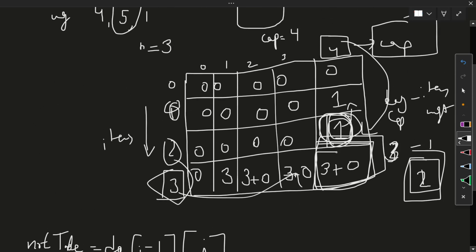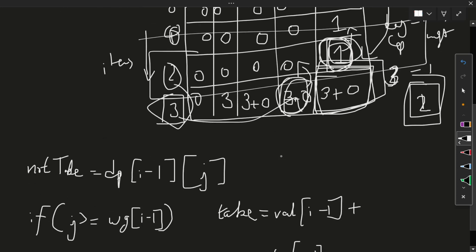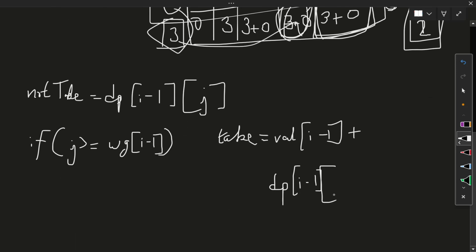Item I minus 1 means the remaining items. From the remaining items I have to pick some values. Our bag capacity is j and item weight is wg I minus 1.